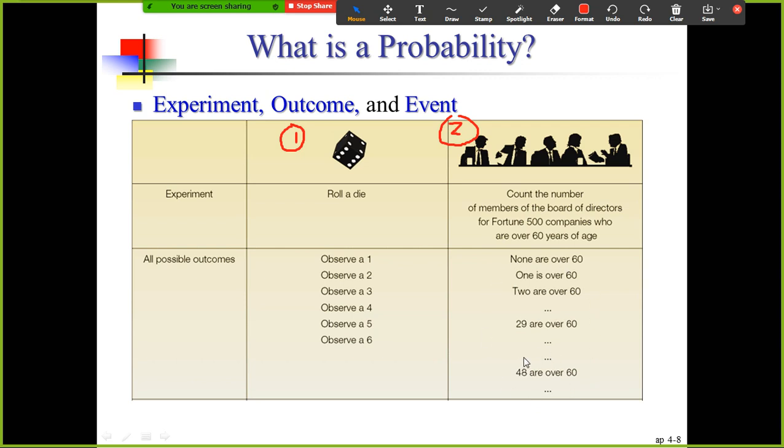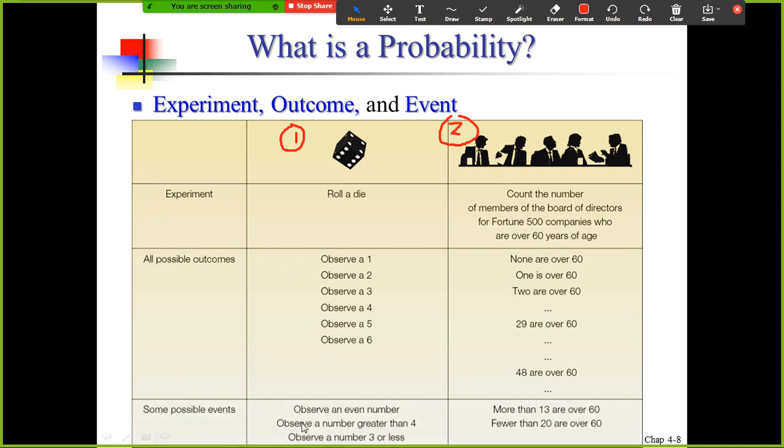But when you actually count, you will get only one result. When you roll one time, the face that is up will come. This is actual. This is possible, but not actual. Actual is when you see it, after you roll it, or after you ask.